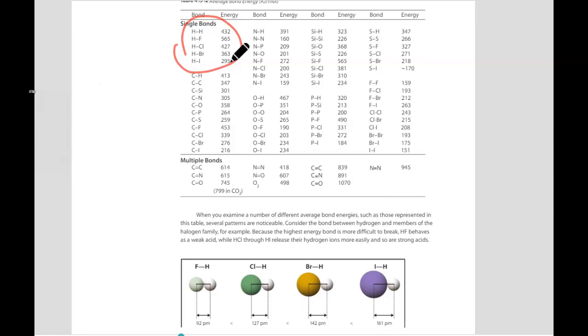The closer that two particles are, the more attracted they typically are, and that's because F is the smallest atom of Cl, Br, and I. As we move to the right, those atoms get bigger from Cl to Br to I. The attractive force weakens and the bond energy goes down, as we can see in the bond energy table. So that's a little bit about why these bond energy values can vary.